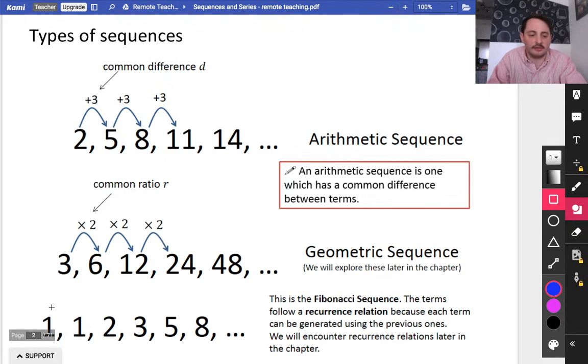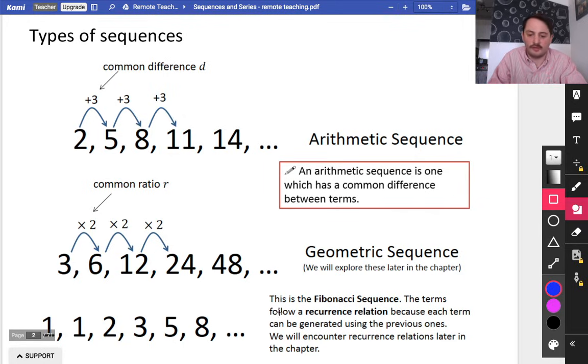And then this last kind of sequence is a very famous one, the Fibonacci sequence, where we have 1, 1, 2, 3, 5, 8. And this is where you take the two numbers that come before, you add them together, and it gives you the next number. So 1 plus 1 is 2, 1 plus 2 is 3, 2 plus 3 is 5, 3 plus 5 is 8, 5 plus 8 is 13, so the next number would be 13.